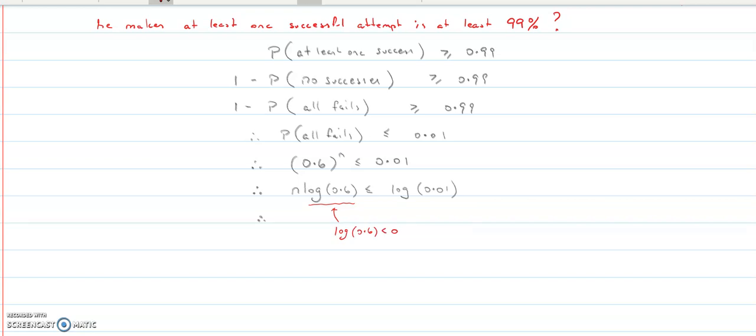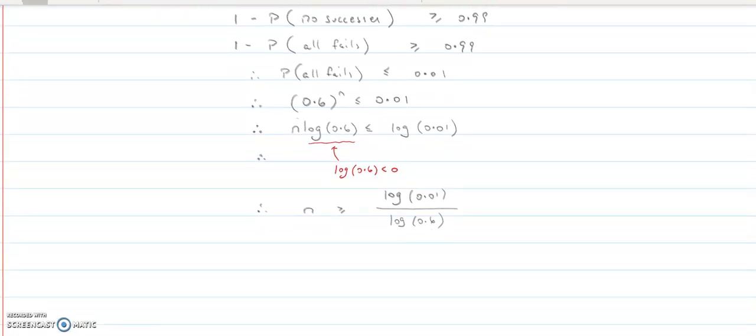So when we make n the subject, we're dividing an inequality by a negative number. What does that do to my inequality? It turns it around, because when you divide by a negative, your inequality changes direction. So n is greater than or equal to log 0.01 over log of 0.6.